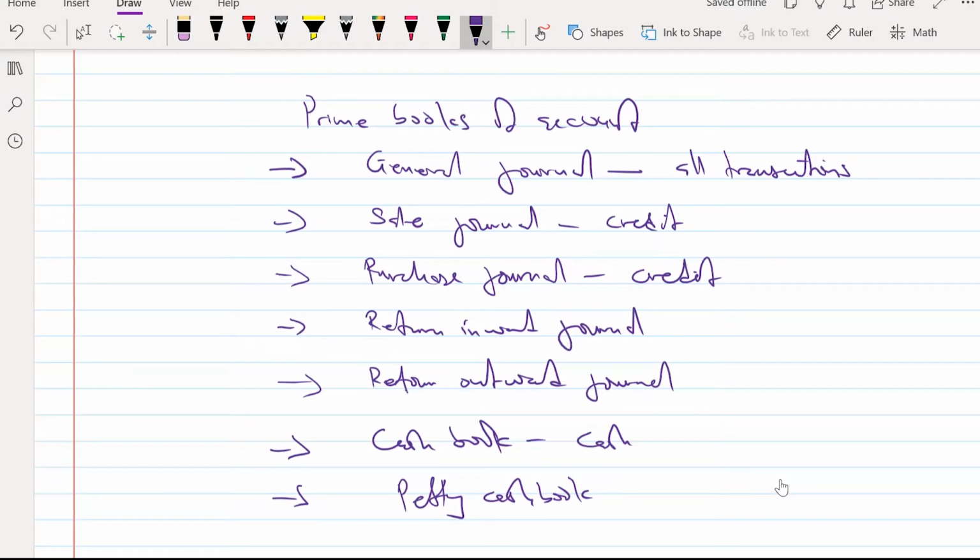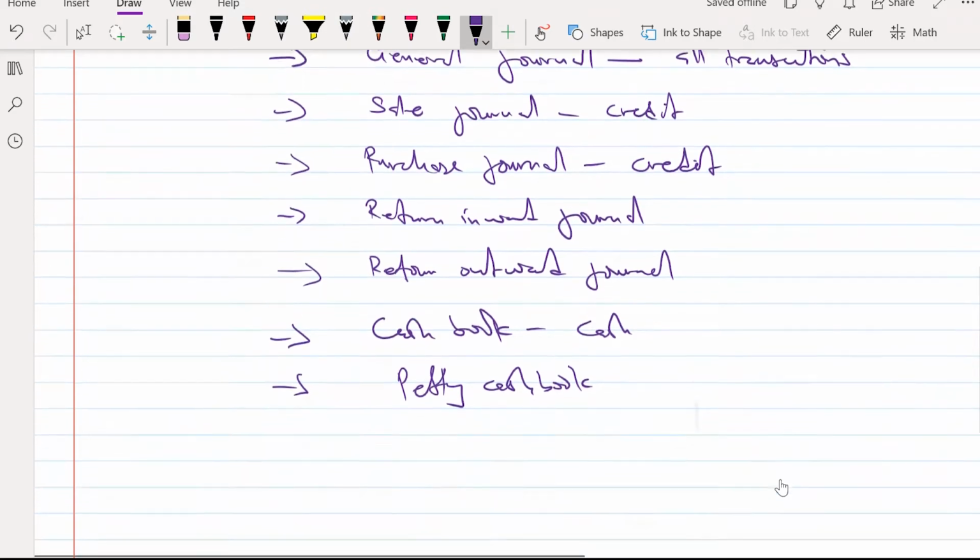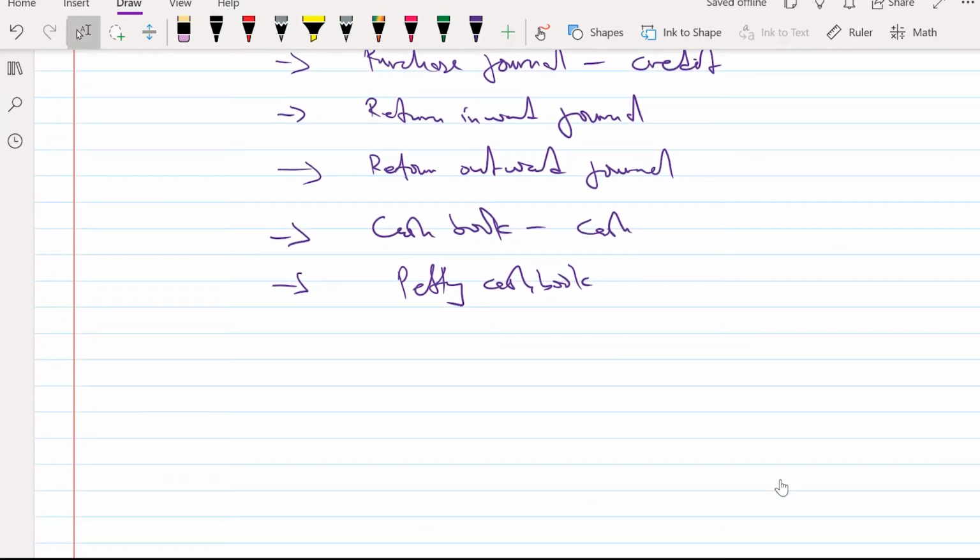Again, the petty cash book is also cash transactions. So these are the prime books of accounts that we have, and these prime books of accounts fuel the ledger accounts, and from the ledger accounts we have the trial balance.